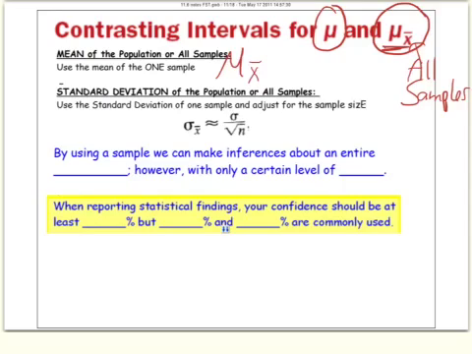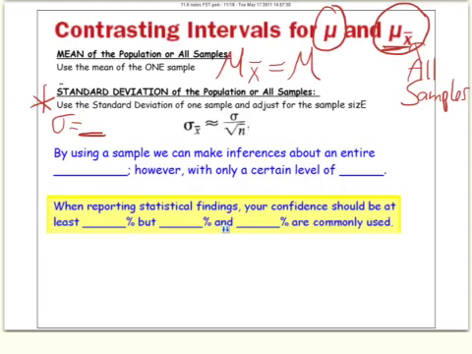Versus what we've done before, where you're used to looking at just mu. Now for our purposes for this section, if they ask for mu of x bar, it's just mu. It's just the mean, same thing. Now the standard deviation, you have to be a little careful. You're going to have 2 different scenarios. They're either going to say sigma is a certain value, and you're just going to use that, or they're going to say they want the standard deviation of all the samples.